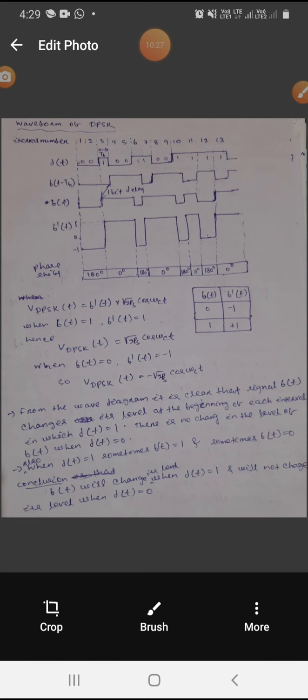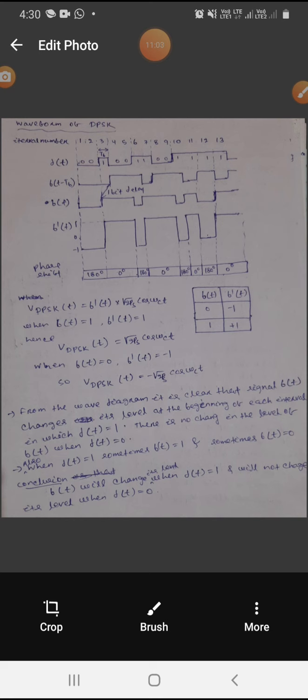And here also we can understand that sometimes dt is 1 for Bt is 1, and sometimes Bt is also 0 for dt is 1. That means only when dt is changing from 0 to 1, then Bt is changing its level, but that does not mean that Bt will change its level always when dt is 1.